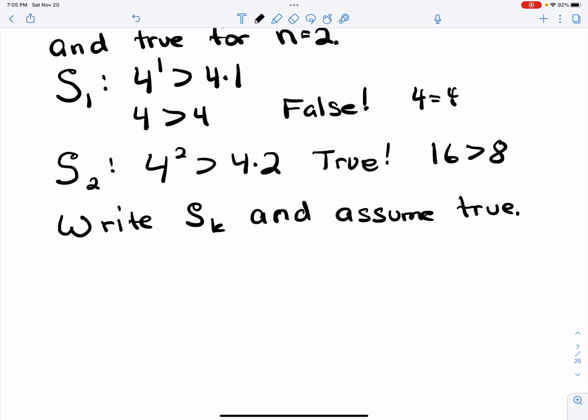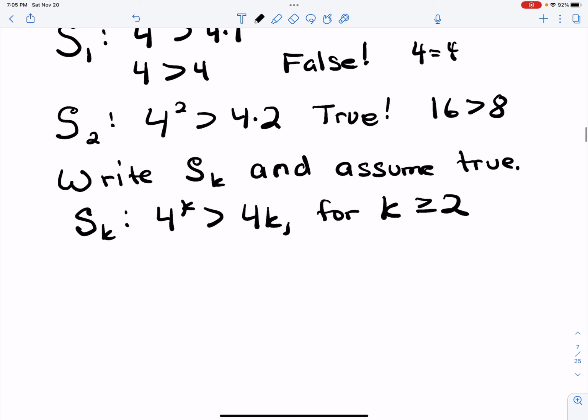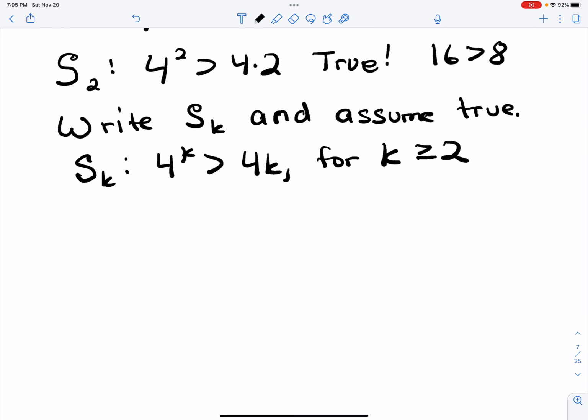So we can say S sub k: 4 to the k is greater than 4 times k for all k greater than or equal to 2. So then we write S sub k plus 1.